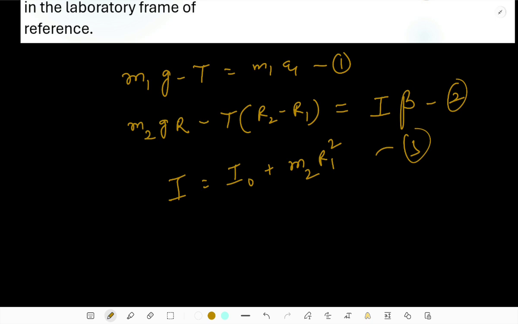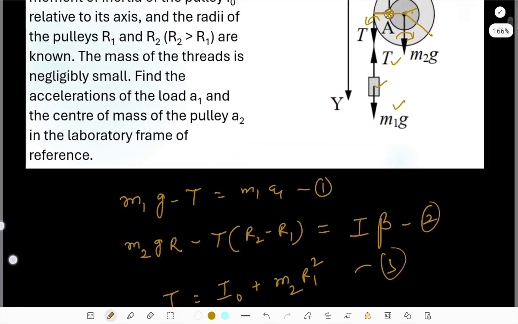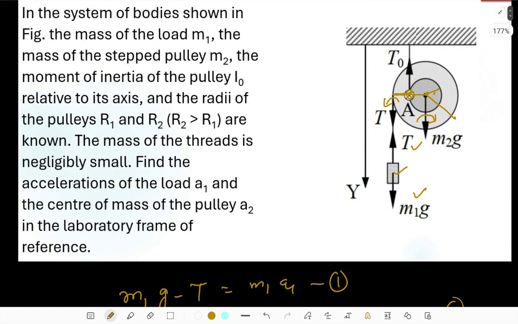Now I am going to write the kinematic equations. From where can I get the kinematic equations? This is simple. Always look for the condition of inextensibility of the threads. So which thread is inextensible? Its acceleration we write as a2, and the other acceleration as a1.